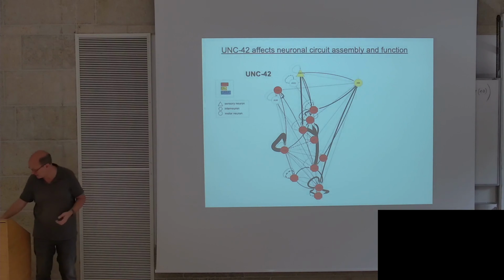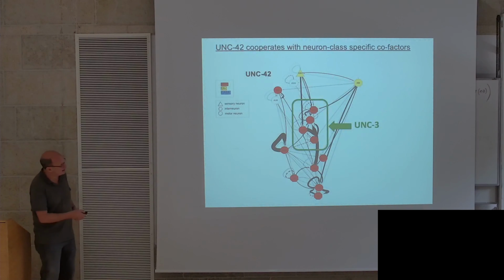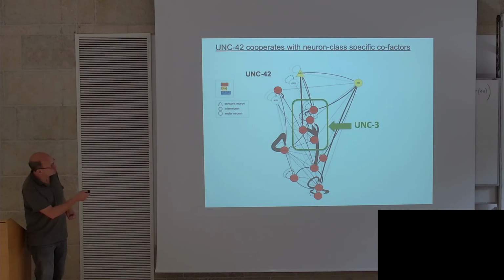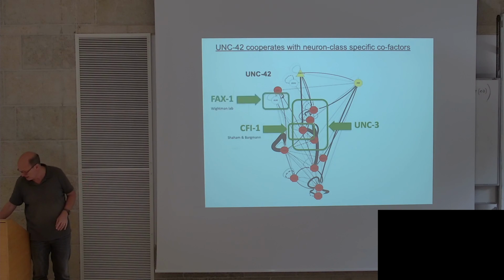Well, it's of course because there are different combinations of transcription factors that UNC42 works with, right? Let me take you through some of them. Here's one that works together with UNC42 to specify the identity of those 4 cells, meaning it makes those 4 cells become different from these other cells. Here's another that makes that one cell become different from those. These are all cofactors. These are all different combinations of transcription factors, and so forth and so on.